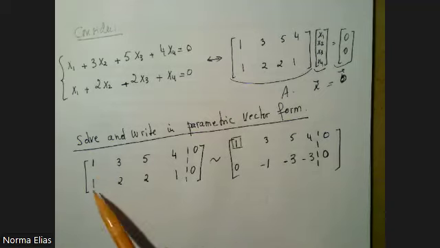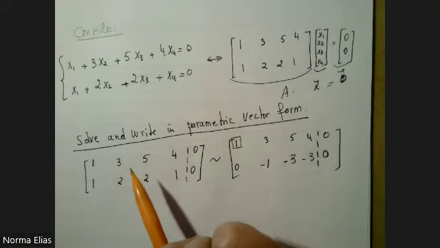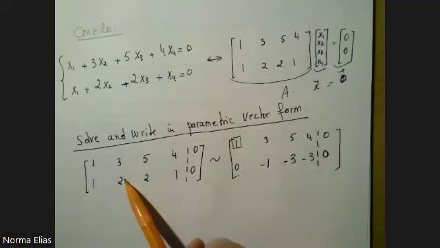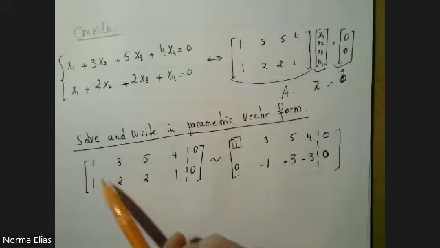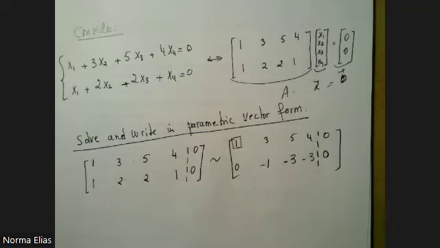So at most we can have 2 basic variables, because the basic variables correspond to the columns with leading entries. It means the rest will have to be free. Does it make sense?